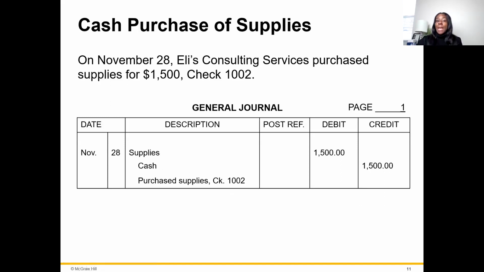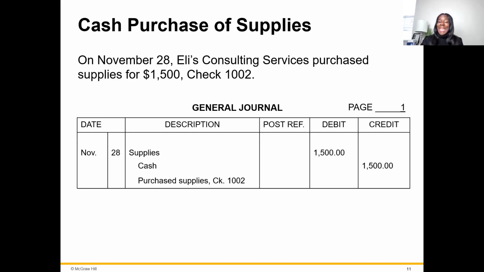Cash purchases of supplies. So we have Eli Services purchasing supplies with check 1002. Anytime we use a check, it is considered cash. Cash is an asset, so that's one of our accounts, and it is decreasing. Supplies is another account.